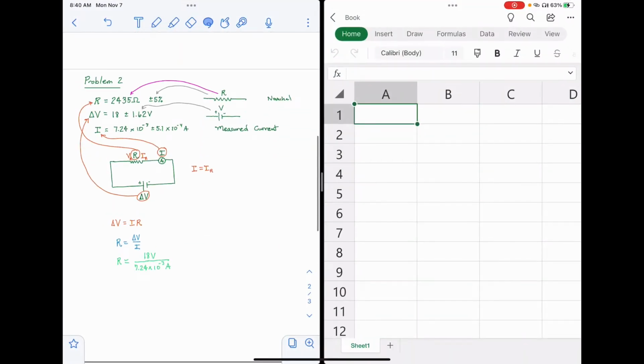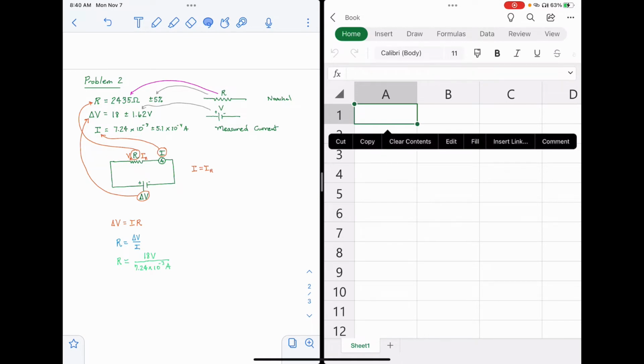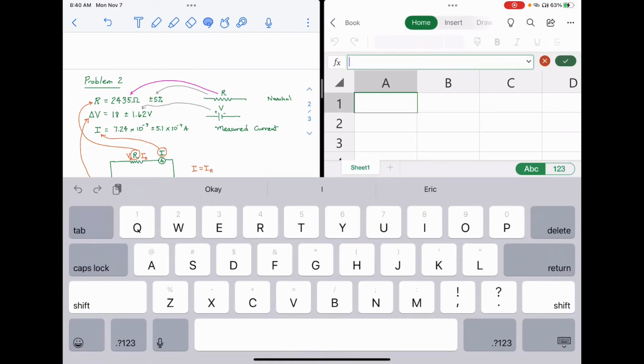I like Excel. It's very powerful and it's quite useful. So the first thing that I'll do is I'm just going to type in resistance.